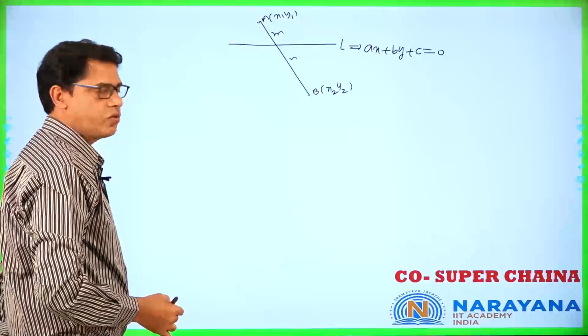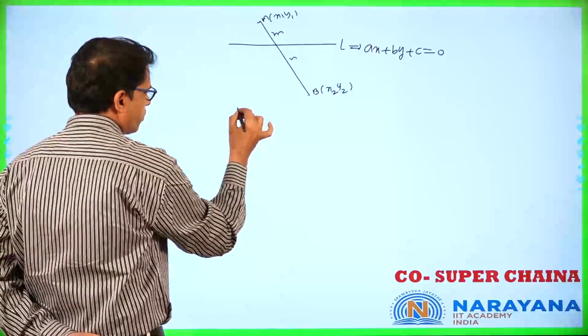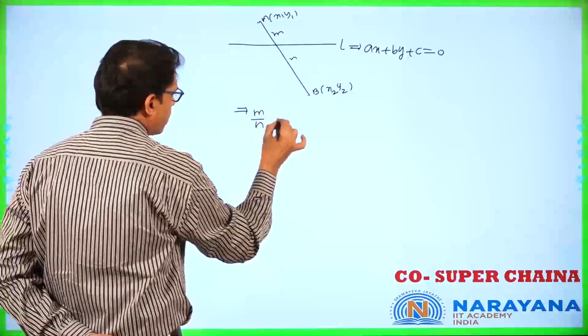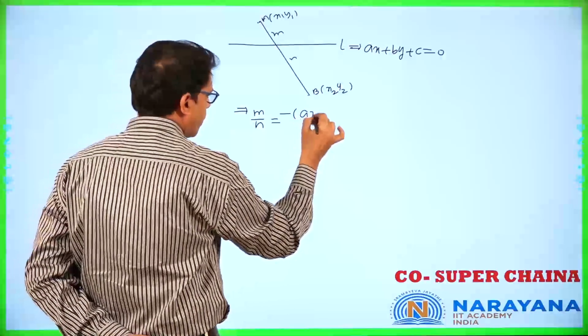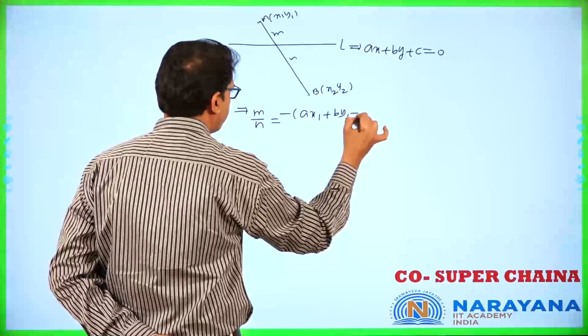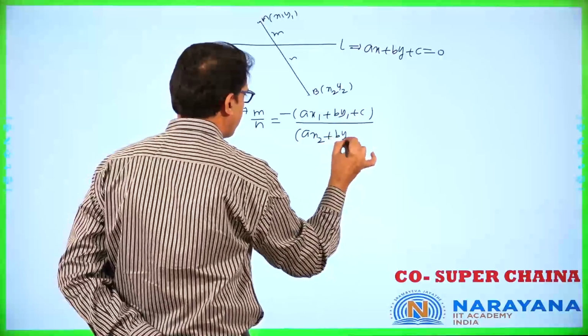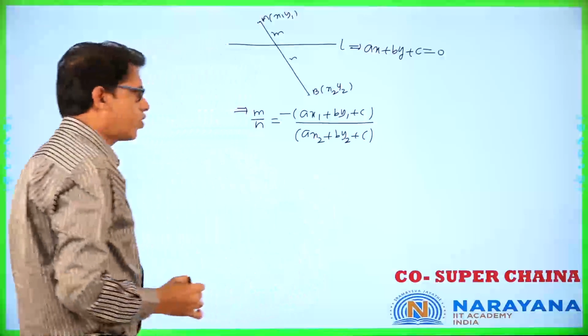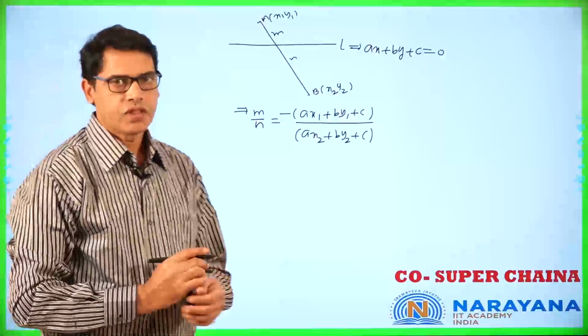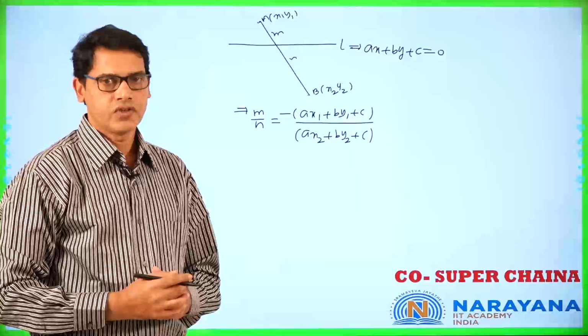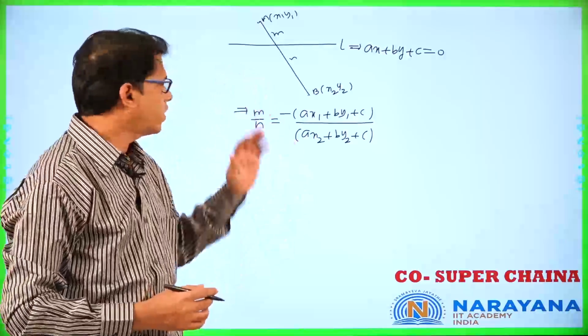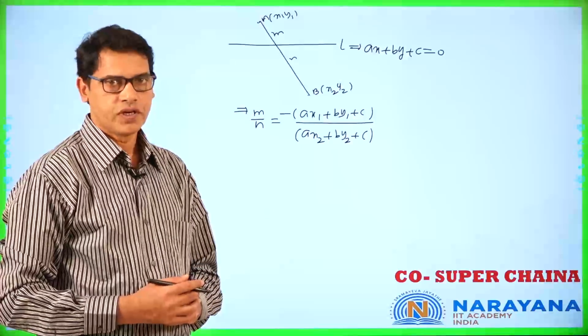Then how to find the ratio? The formula to find the ratio: m by n equals minus of (ax1 plus by1 plus c) upon (ax2 plus by2 plus c). So this is the formula to find the ratio in which the line divides the line segment joining the points A(x1, y1) and B(x2, y2), right?